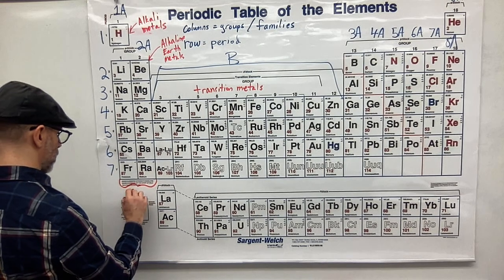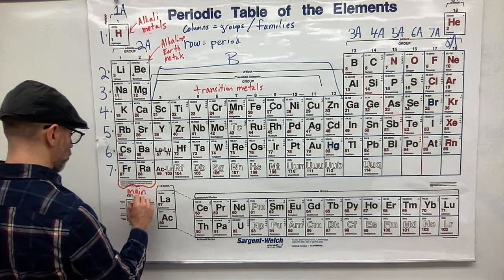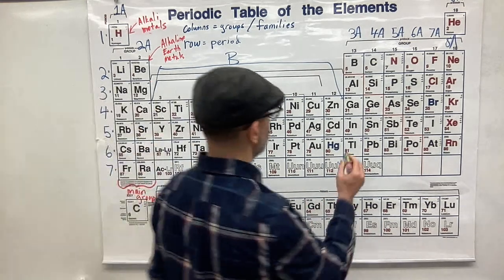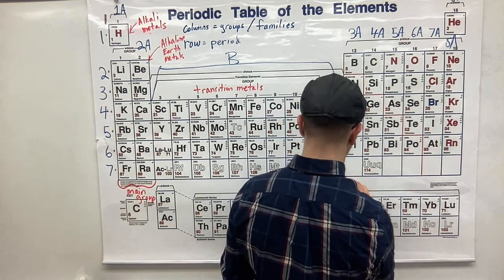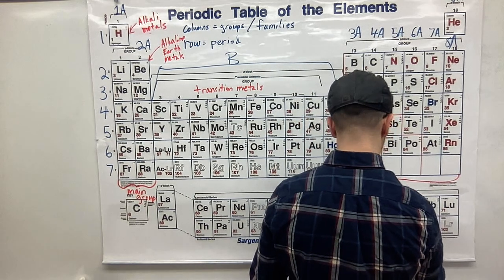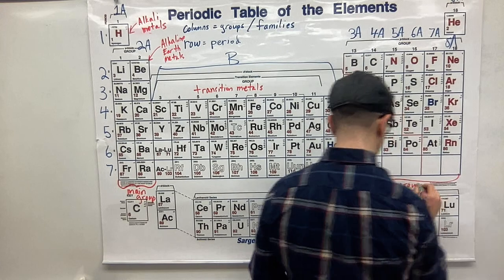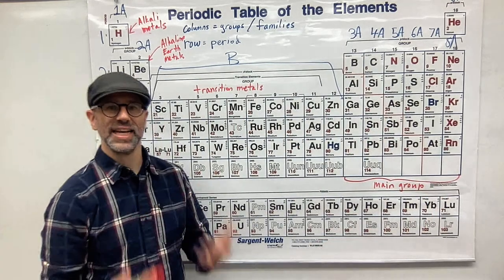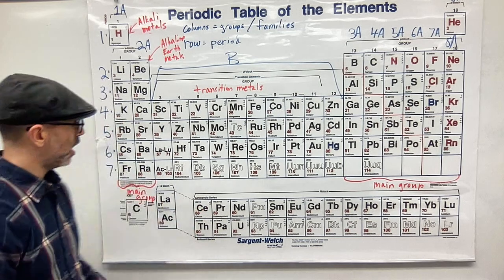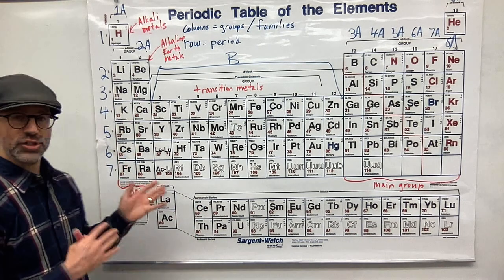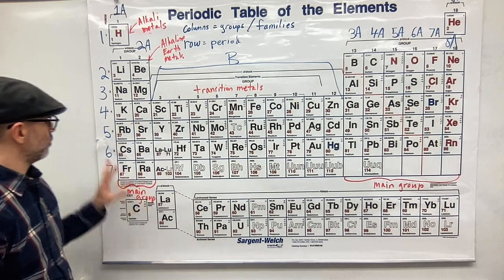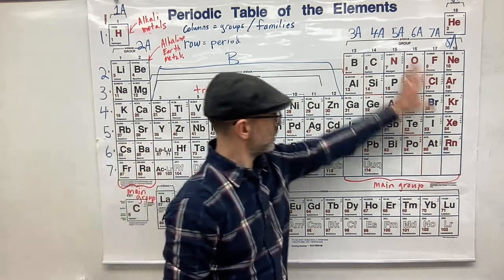So these are main group, and these as well, main group, also referred to as representative elements. So main group elements or representative elements are interchangeable for those. So we have the transition metals or elements, and here we have the main group elements.